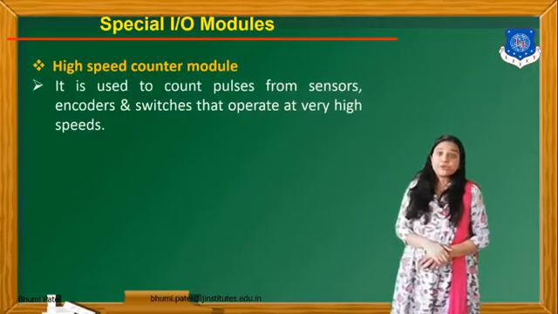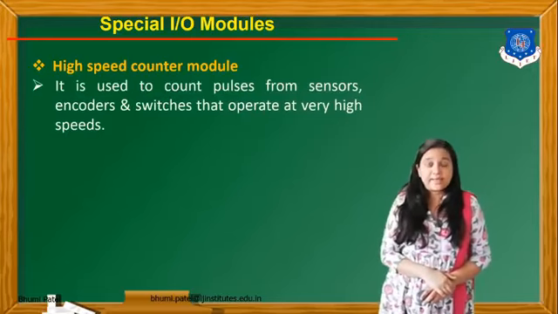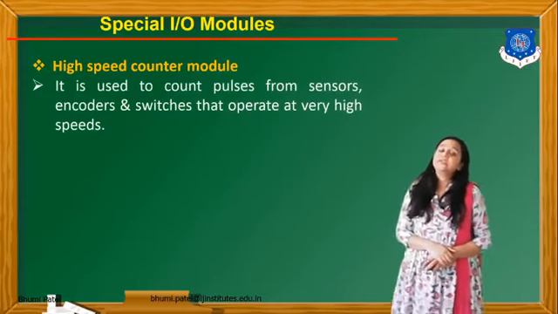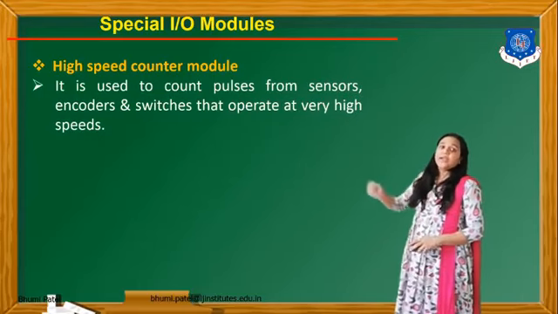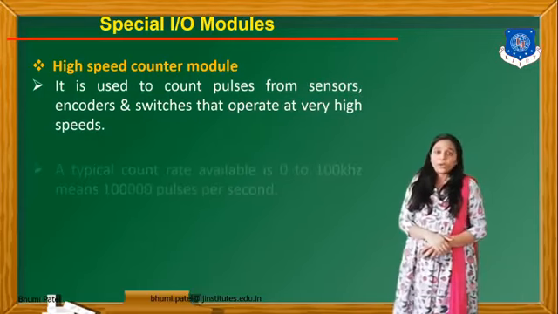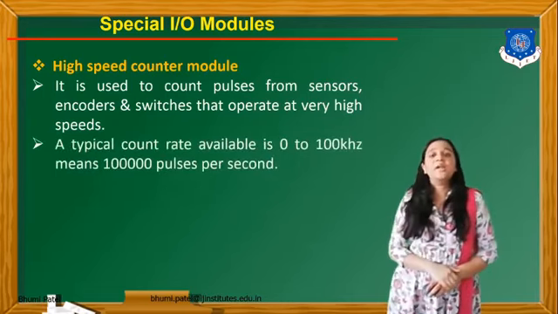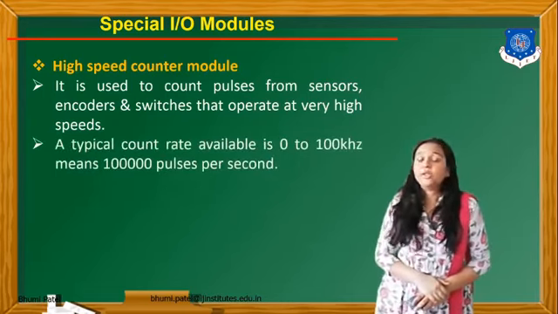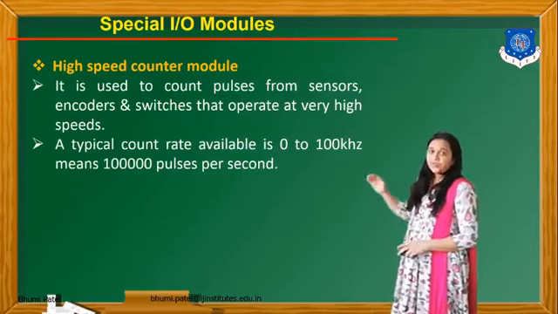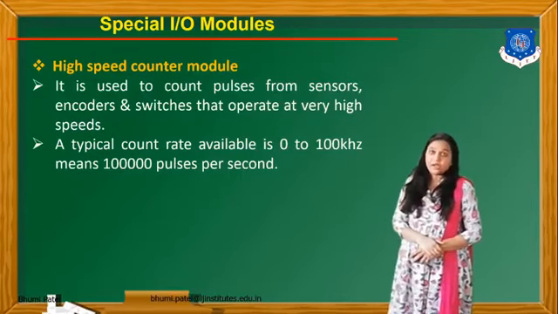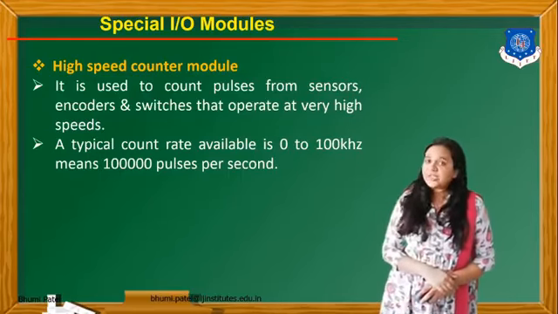It is used to count pulses from the sensors, encoders and switches that operate at very high speed. Okay, so the typical count rate available for the high speed counter module is 0 to 100 kilohertz. That means 10 lakh pulses per second. So it is used for the special requirement.